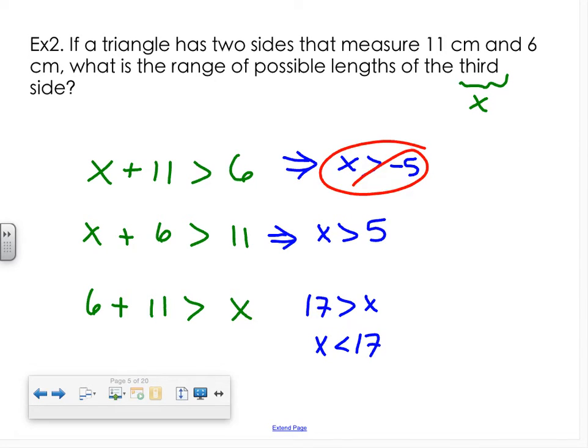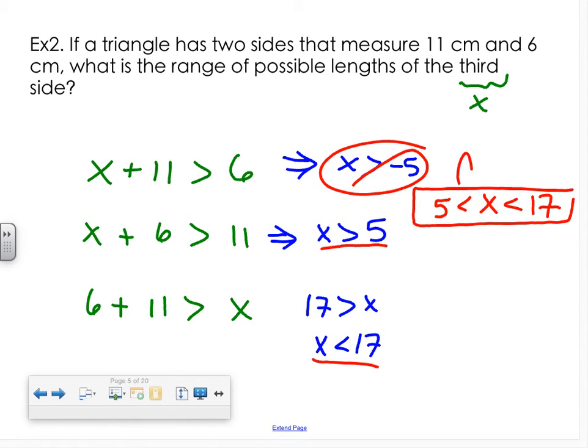And now I want to interpret these two. So what's x between? Well, it has to be greater than 5 and less than 17. So this would be your answer. This is the interval. In interval notation, we would say we go from 5 to 17.